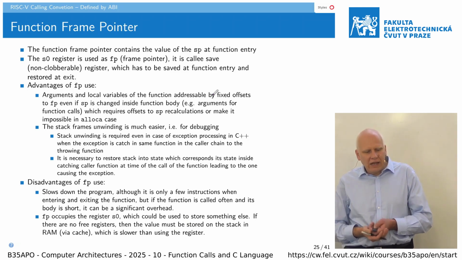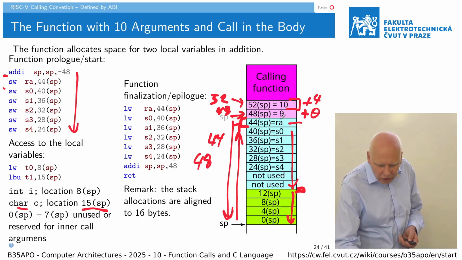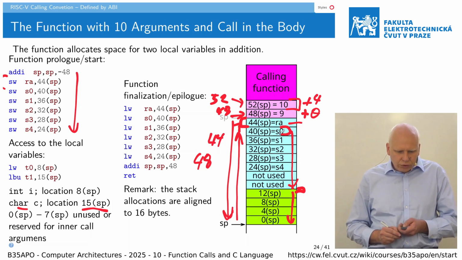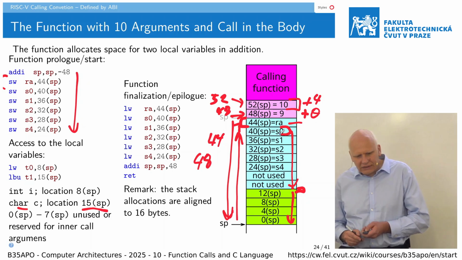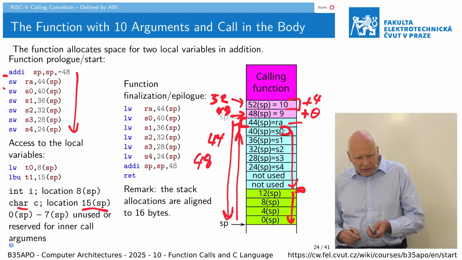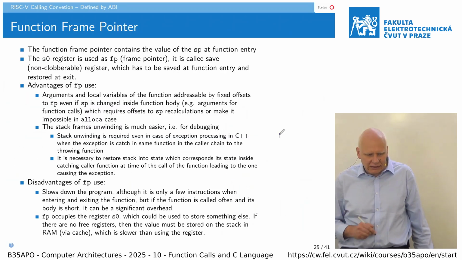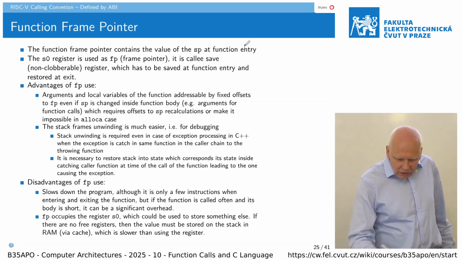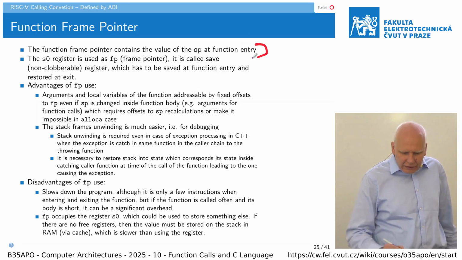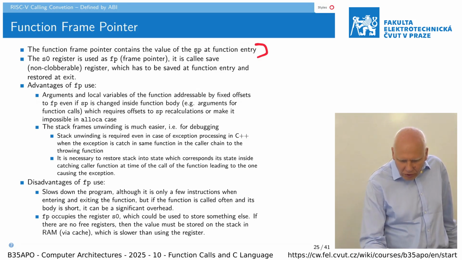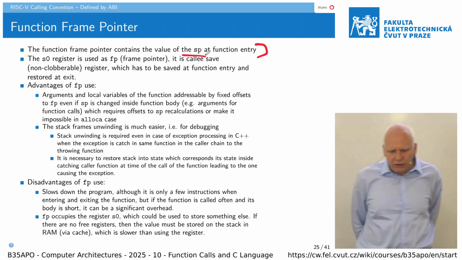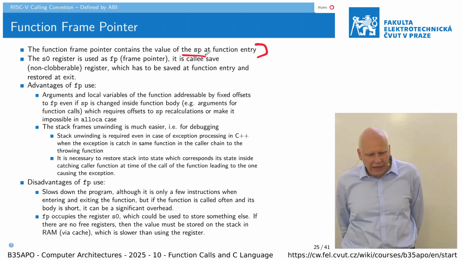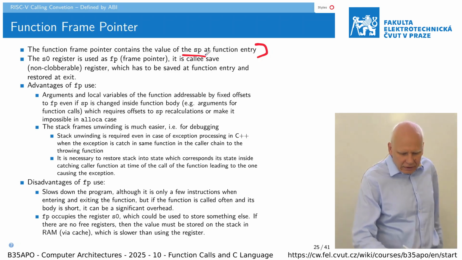Okay. And in this case, we have stored even S0, and we usually can use that S0 as the frame pointer, which simplifies the addressing of the stack. Usually the frame pointer, that S0, keeps the value of the stack pointer at the function entry.